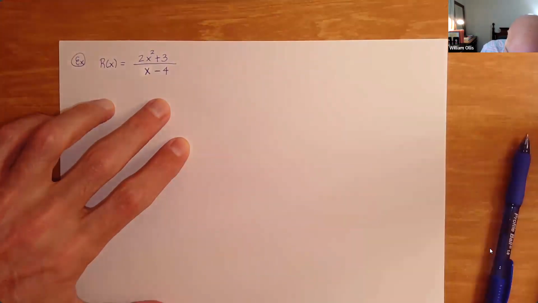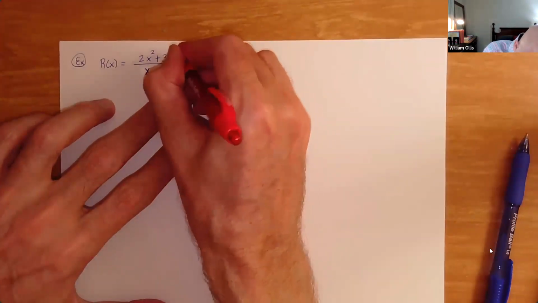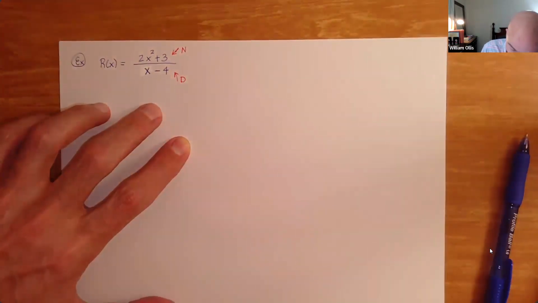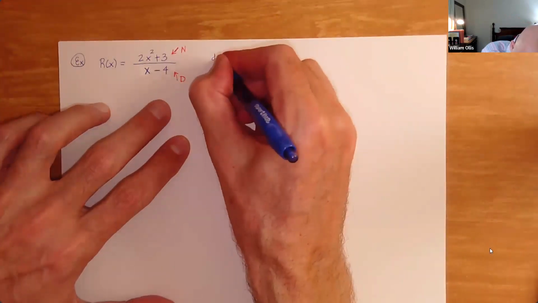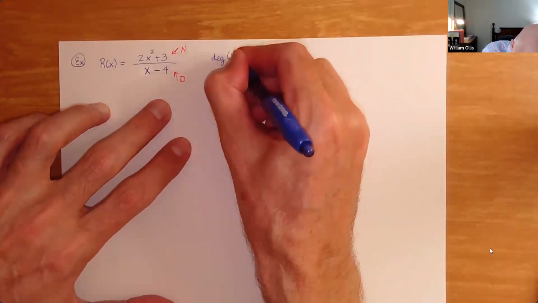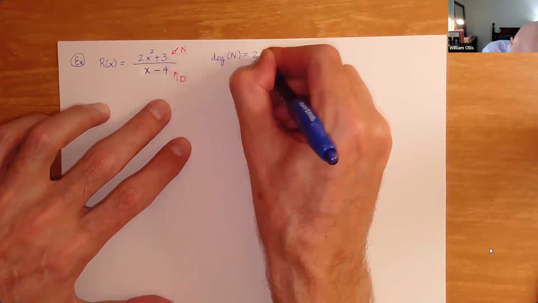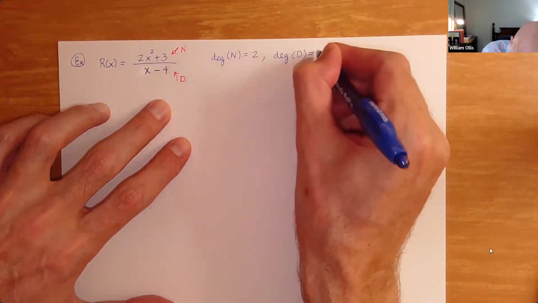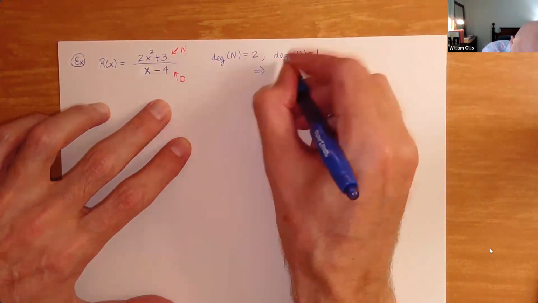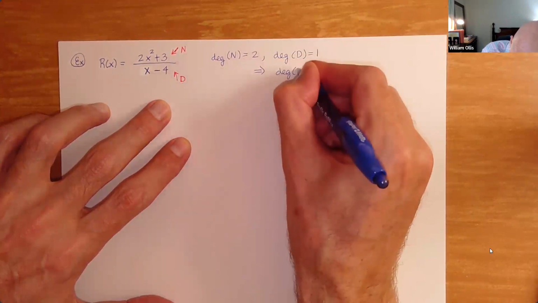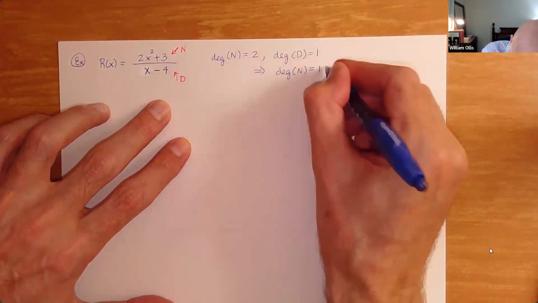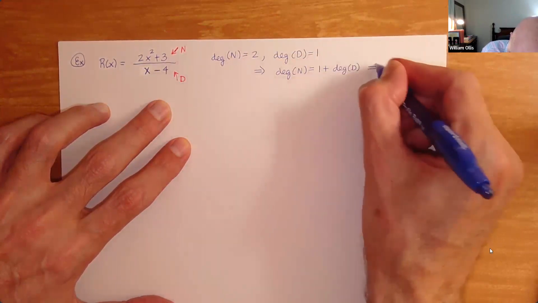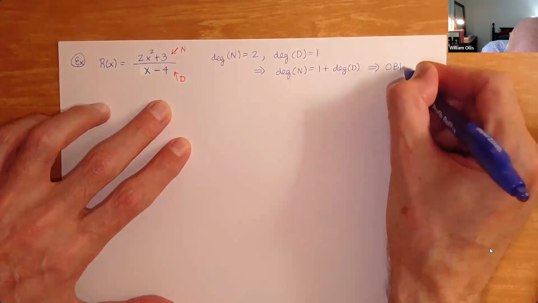Notice we'll call this the numerator, and we'll call this the denominator. The degree of the numerator is 2. The degree of the denominator is 1. So this implies degree of n equals 1 plus degree of d. And that implies the oblique asymptote.